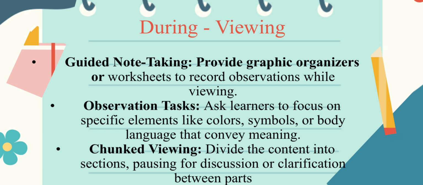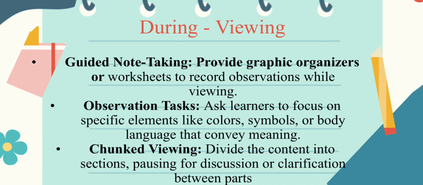Observation tasks ask learners to focus on specific elements like colors, symbols, or body language that convey meaning. Observation tasks direct students to focus on specific visual elements that convey meaning. It helps them to break down visuals and communicate beyond just the content itself.